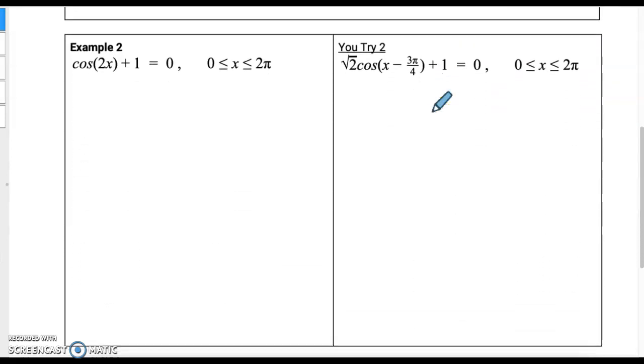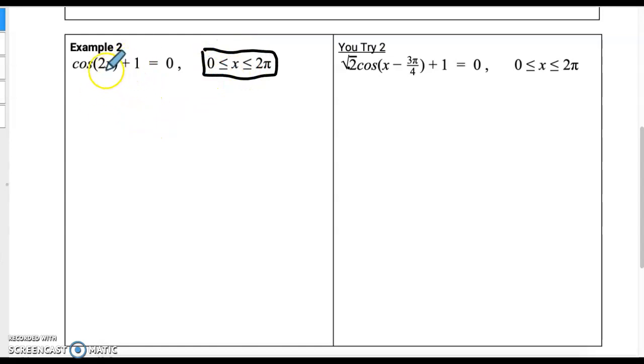So I want to move to example 2, and I'll probably look at both of these because notice that in particular they have things inside the cosine function but also outside the cosine function. So this has a couple of things outside the cosine function. So again, I'm only looking for answers between 0 and 2 pi. And this time it includes those, so that's a big deal.